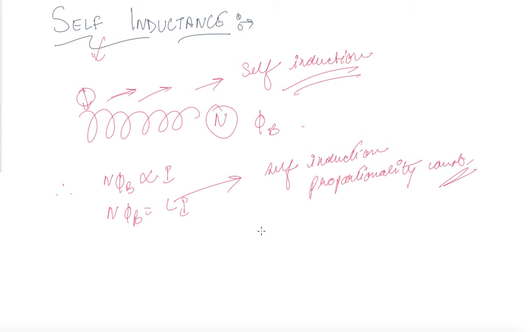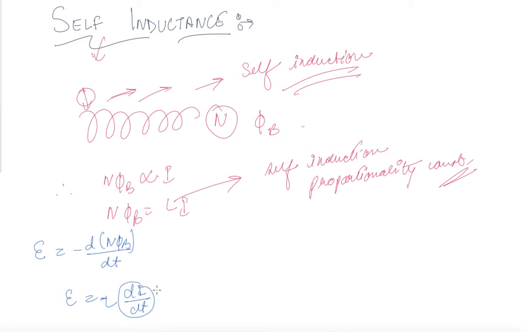So now when the flux linked with a coil changes, an EMF is induced in the coil. That particular induced EMF can be expressed as minus d(N phi B) upon dt, which is nothing but, if you put this value, minus L di upon dt, the change in current.